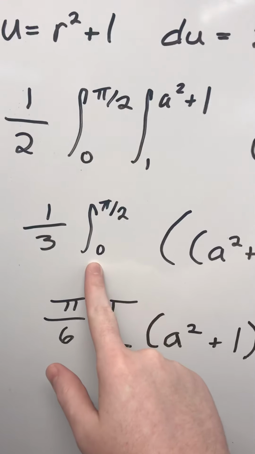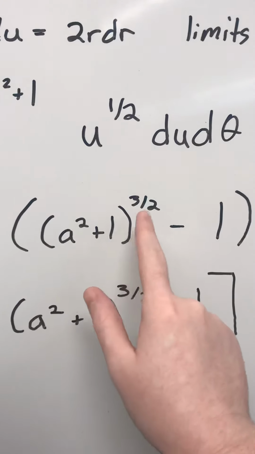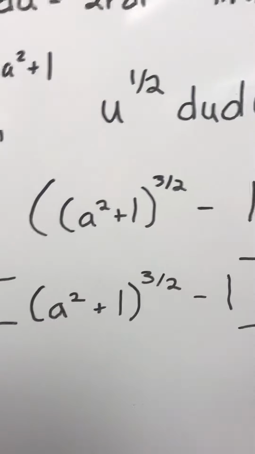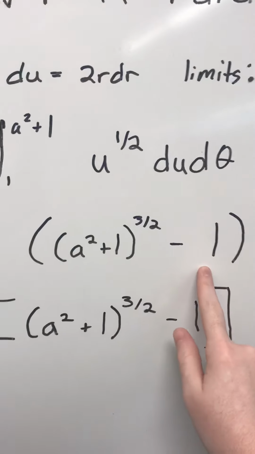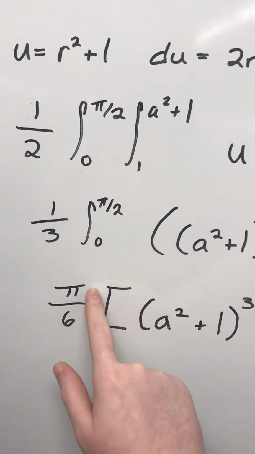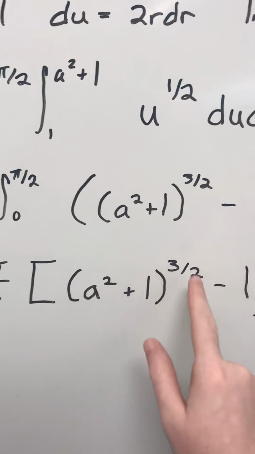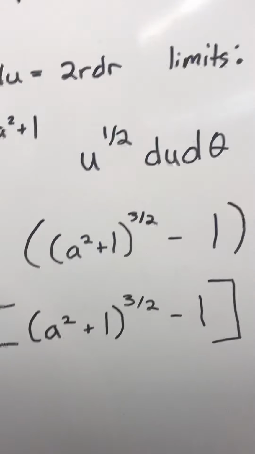And integral from 0 to pi over 2 of a squared plus 1 to the 3/2 minus 1 d theta. And as you can see, our theta is going to distribute evenly, so we can just factor it out. So this becomes pi over 6 times a squared plus 1 to the 3/2 minus 1. And that is your final answer.